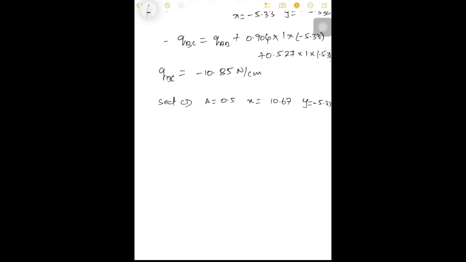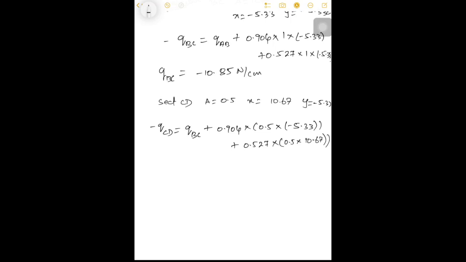Okay, so minus QCD equal to QBC plus Q. The Q is 0.904 into the area 0.5 into y distance, that is minus 5.33, plus 0.527 into the area 0.5 into the x distance 10.67.